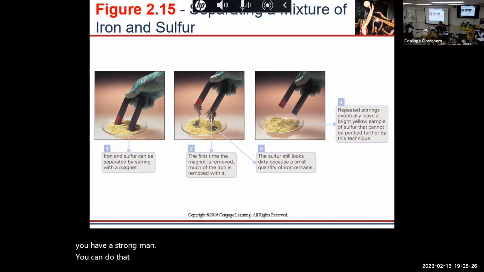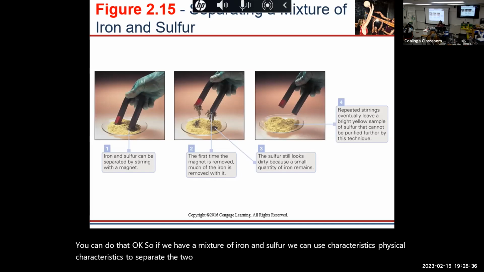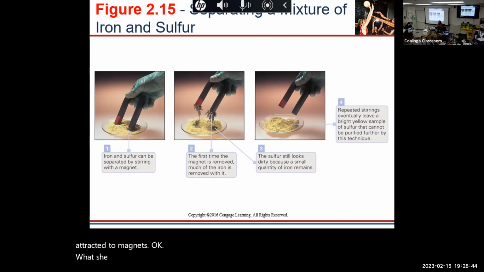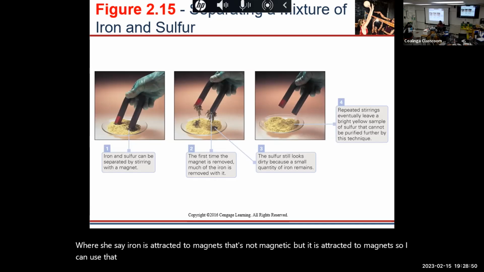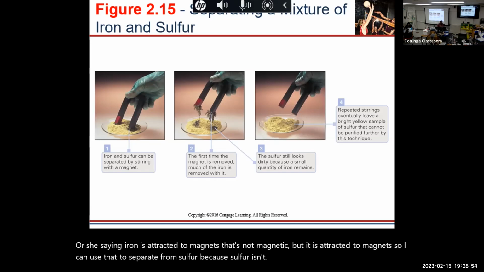Okay, so if we have a mixture of iron and sulfur, we can use physical characteristics to separate the two. We know that iron is magnetic, meaning that it's attracted to magnets. So I can use that to separate it from sulfur, because sulfur isn't, because sulfur isn't a metal.